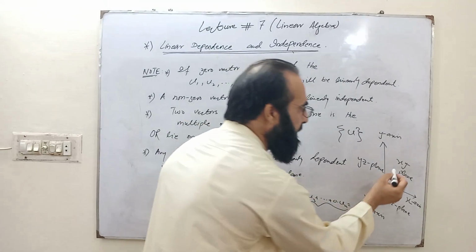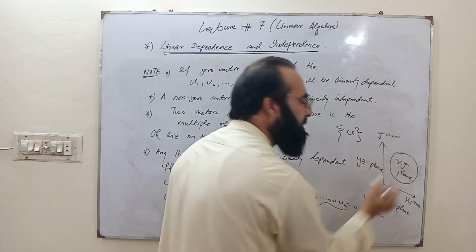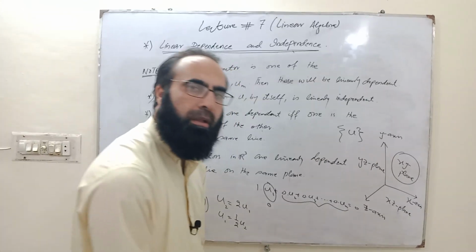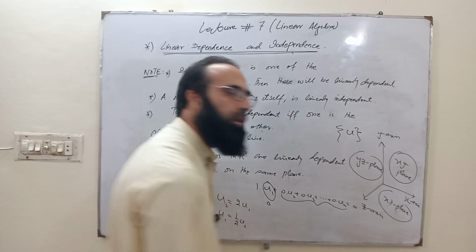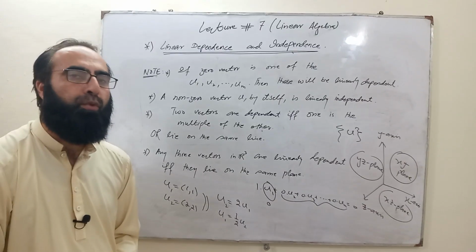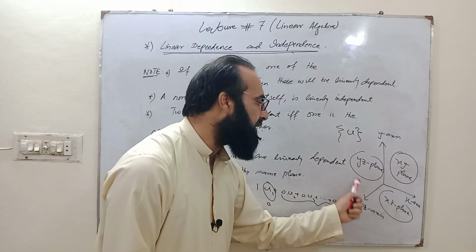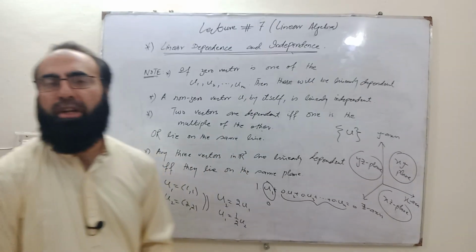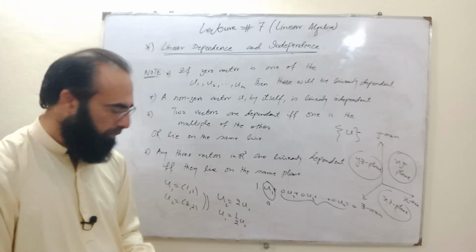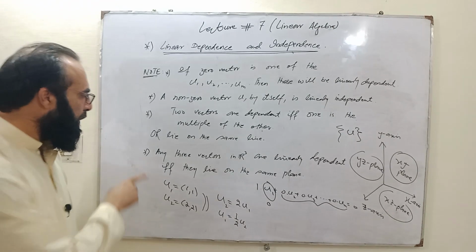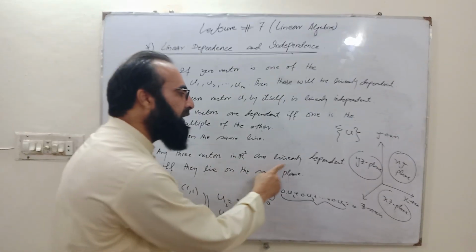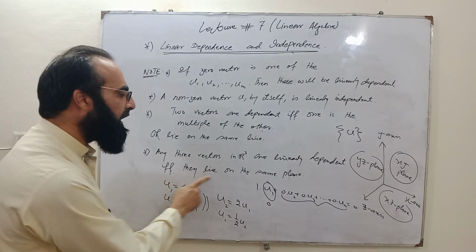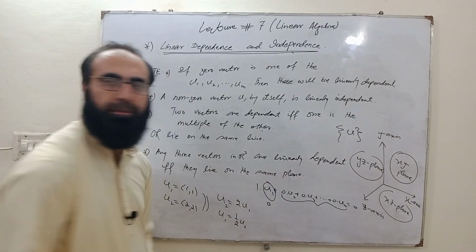If three vectors are given only in this plane, or only in this plane, or only in this plane, then more than two vectors in these planes individually will not be independent. So in the fourth case, any three vectors in R cube are linearly dependent if and only if they lie on the same plane.